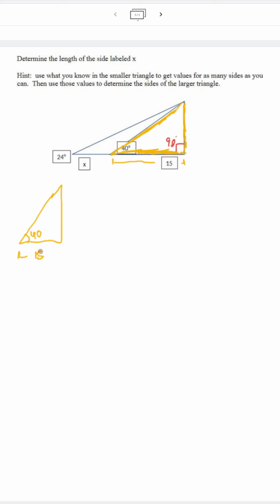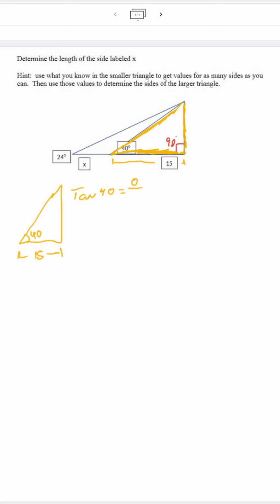So we only need to think about a trigonometric function that relates this angle with this side, and we can use the tangent. So the tangent of 40 is going to be the opposite side over the... oh my God, how is this called?